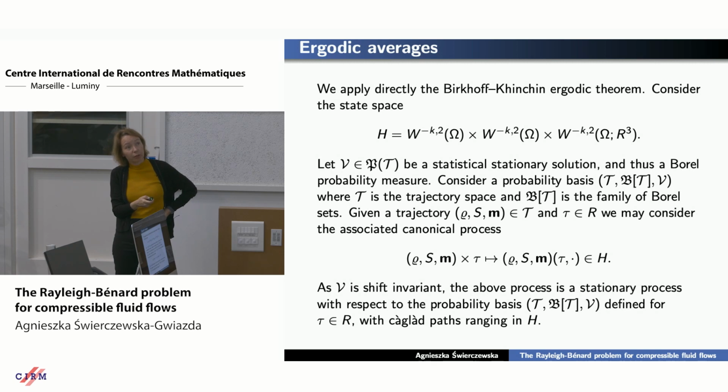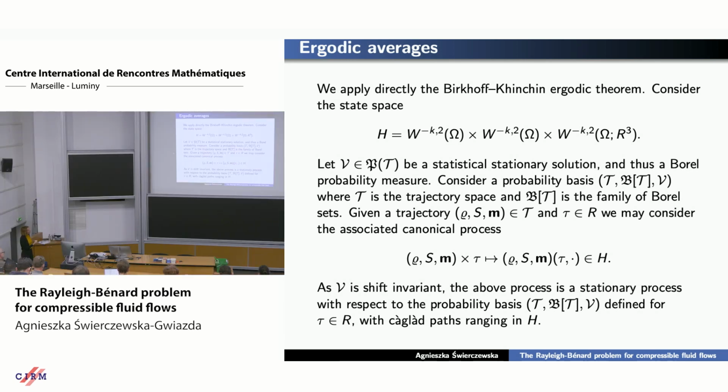T is the trajectory space, with the family of Borel sets, and we take the given trajectory and define such an associated canonical process. As this measure is shift invariant, the above process is a stationary process with respect to this probability space for tau, again with càdlàg paths in H.